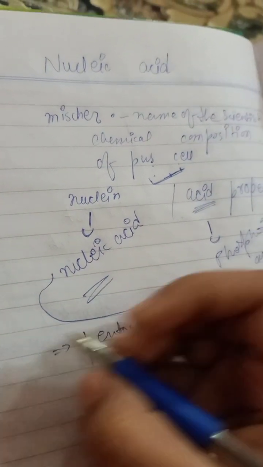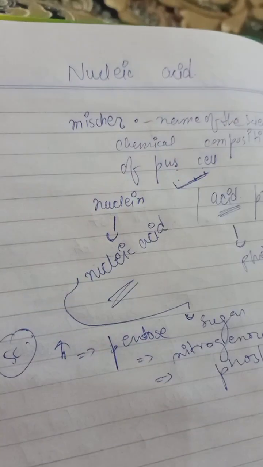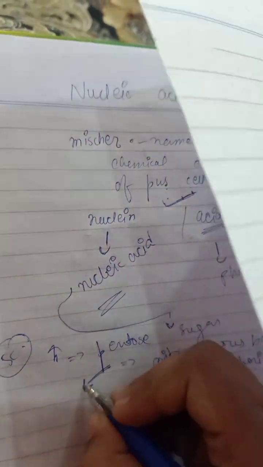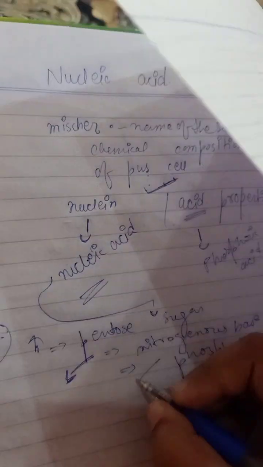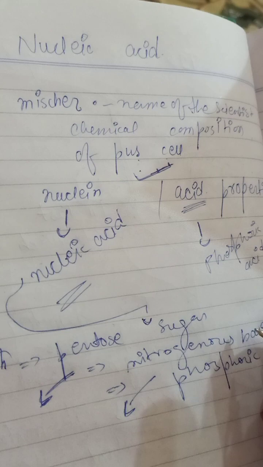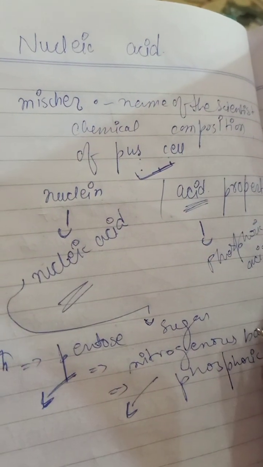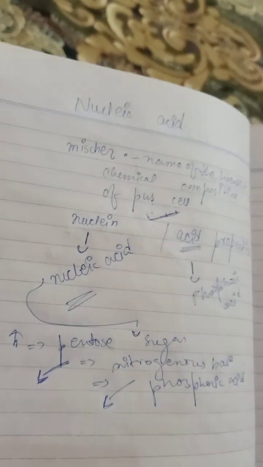Pentose sugar, as you all know, is a 5 carbon sugar, and nitrogenous bases are the bases which are attached with the pentose sugar, and phosphoric acid is an acid that is present in the nuclein.